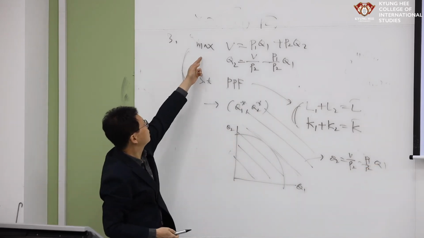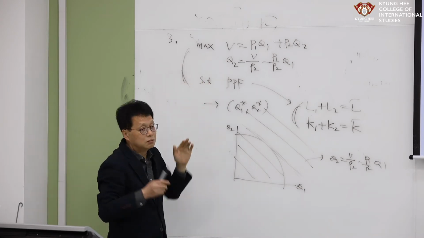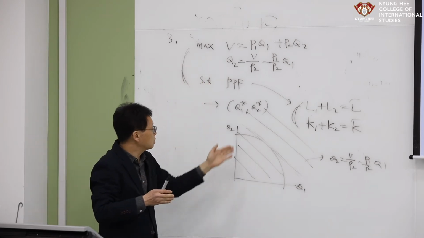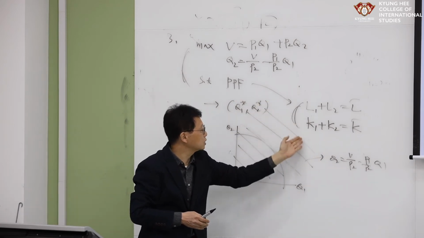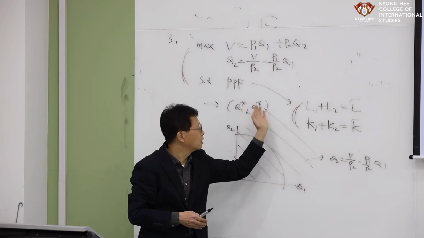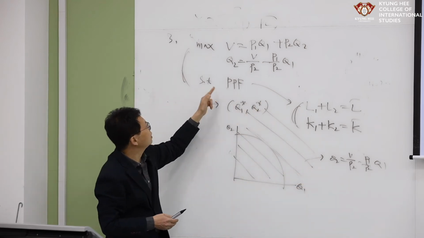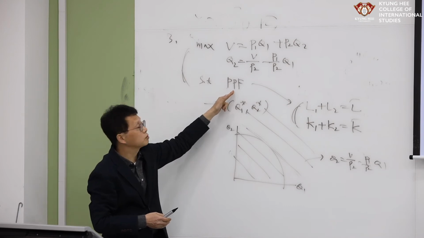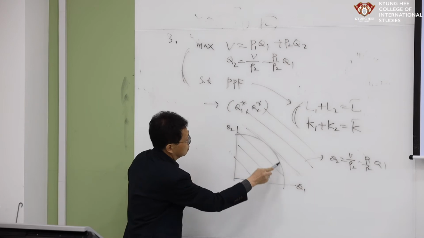So now think about maximizing the value of the product from the perspective of the country. That means the country wants to reach a higher level of GDP, to touch the highest GDP, the highest iso value line. But you have to specify the PPF. Production should occur at one point on the PPF. That is the PPF, right?